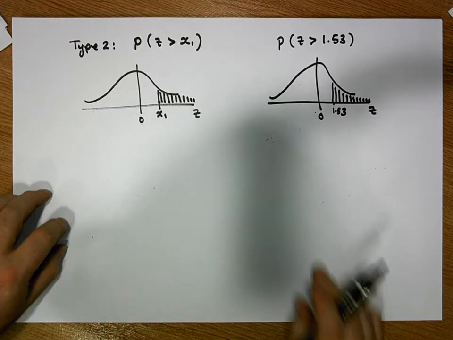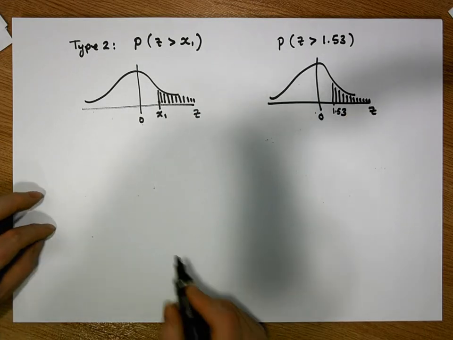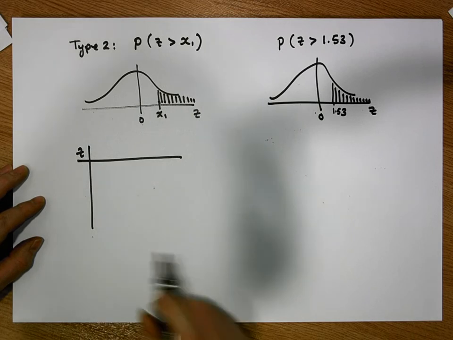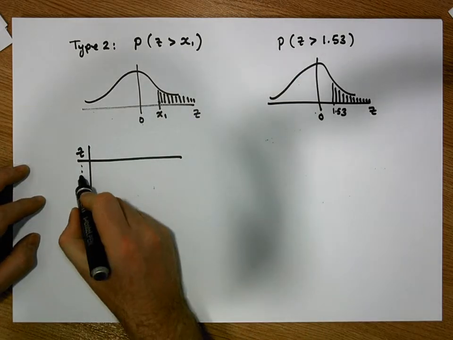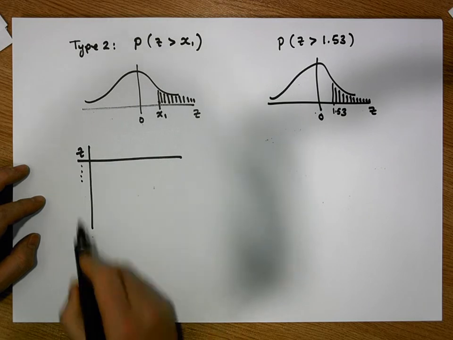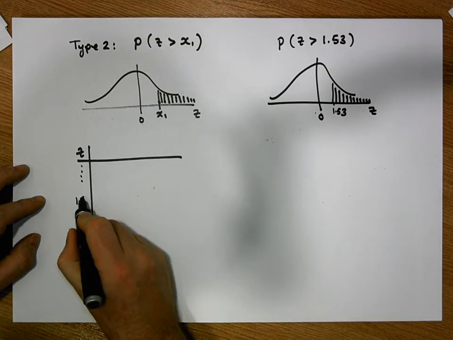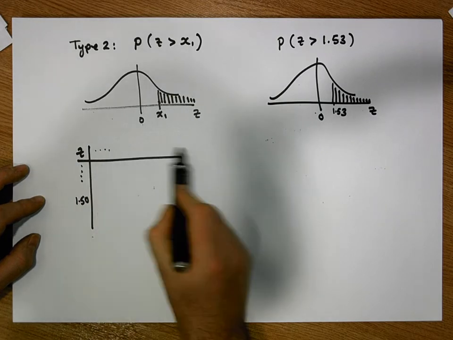Anytime you have a positive z value, the first thing we should always do is look that particular z value up in our tables. Don't forget the first significant digit and the first decimal digit is listed down the first column. In this case, we will be looking for 1.50. And the second decimal digit is listed across the first row.